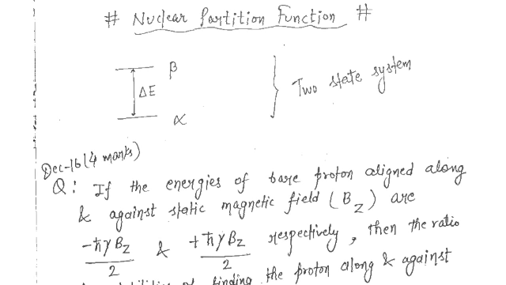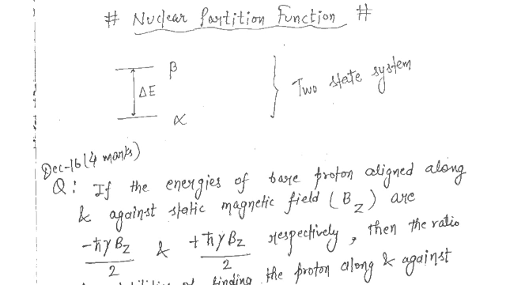Alright, now let's begin. In the nuclear partition function you have to just apply the concepts of NMR spectroscopy. What you have read in NMR spectroscopy, that due to the spinning of the nuclei, there occurs a splitting when you apply the external magnetic field. Then you will get a splitting in the energy levels.